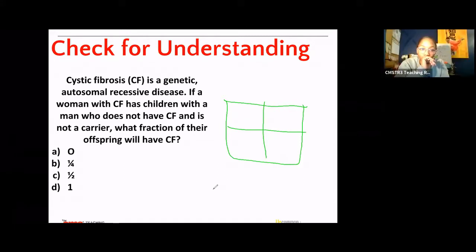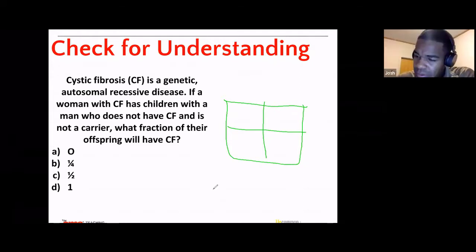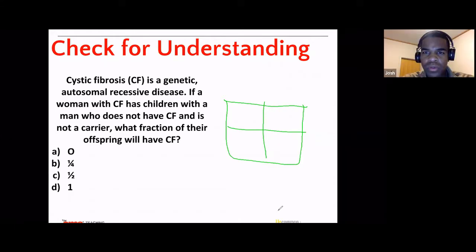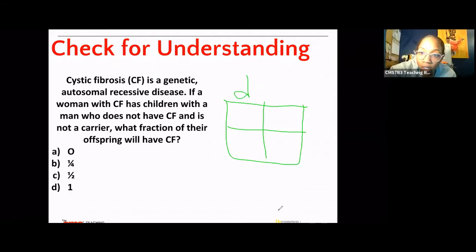Autosomal recessive. So if she is autosomal recessive, does she have 1 or 2 copies of the allele? 2. I'm going to use D for disease just because it's easier for me to draw on the screen.